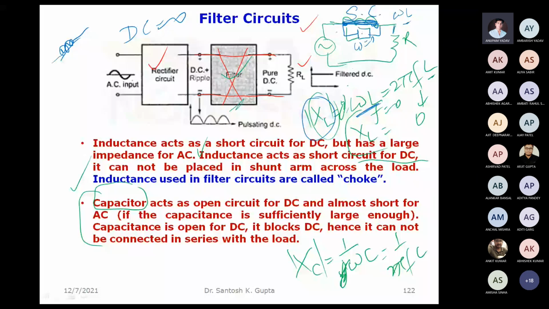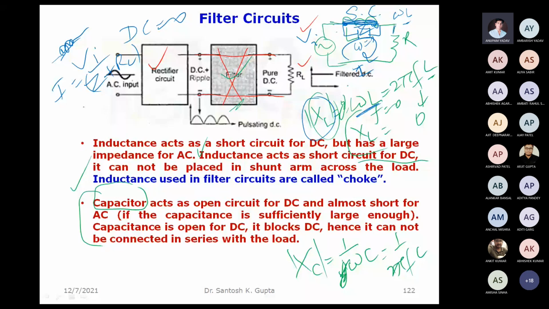High impedance means what? Some current is flowing. The current value you can measure using KVL. Suppose the input is Vi divided by Z, where Z is the impedance of this inductor, and the load resistance is RL, so the total resistance in the path will be this. So the current will be very small. If Z is very large, then the current is going to be small.